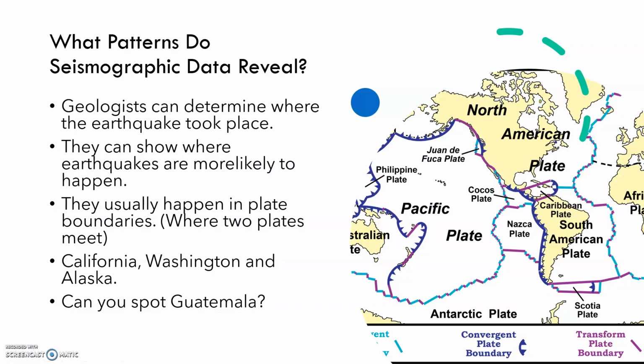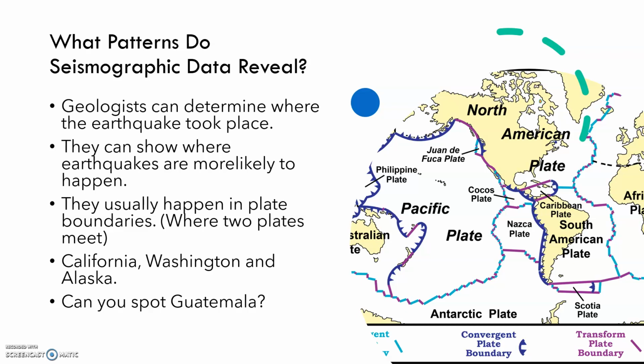Okay. So now we have what patterns the seismographic data reveal. Geologists can determine where the earthquake took place. That is something very important to notice. And just like we studied before, remember that we need data from at least 3 different seismographs in order to pinpoint where the earthquake happened.